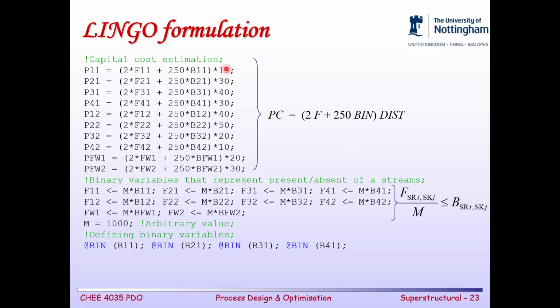And depending on the value of the binary variable, this term right here will be either 0 or 1. And we have to define the binary variable. You have to include this code to make sure that these are binary variables. Otherwise, the default in Lingo is that the variable is continuous. So you don't want that.